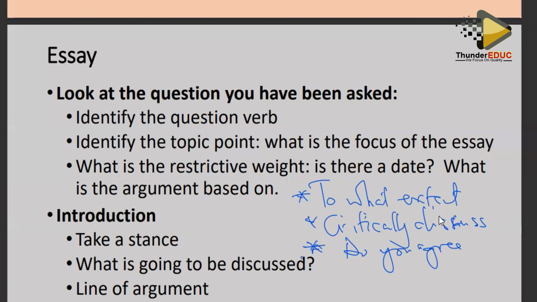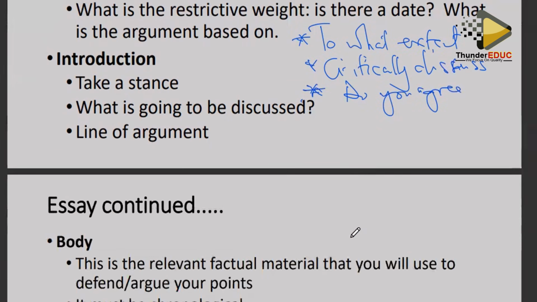In the introduction, after you actually see the question, you must take a stance. Taking a stance means you're taking a line of argument. What are we saying here? If a question is saying to what extent, you are taking a line of argument by showing the extent.